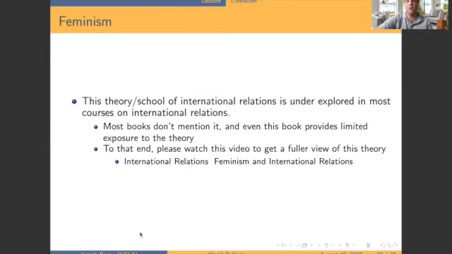Most books don't even mention feminism as an alternative. And even this book provides just a cursory exposure to the theory. To that end, and to fill in these gaps, I urge you to watch the video to get a fuller view on the theory. Again, if you just click on this link on the slides where it says international relations, feminism, and international relations, that is a hyperlink.